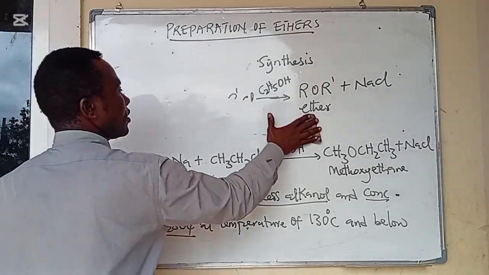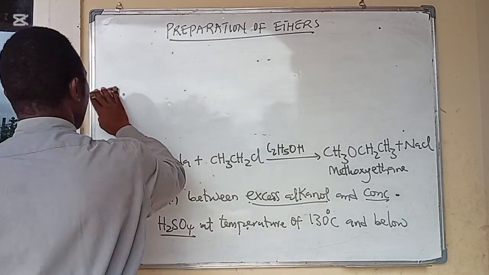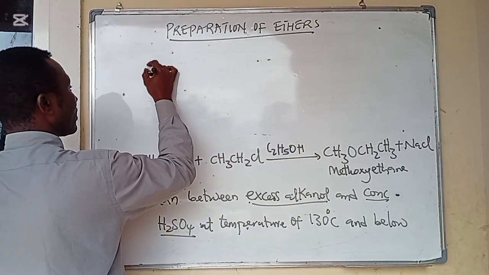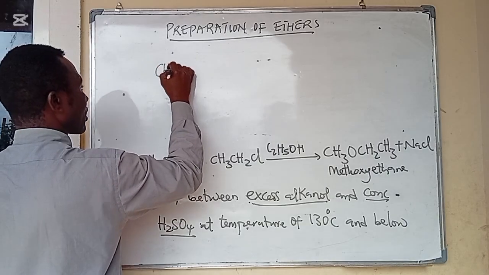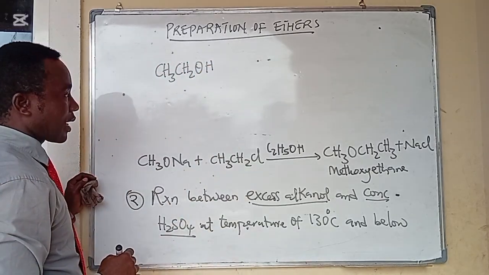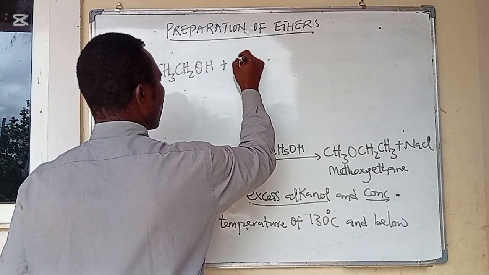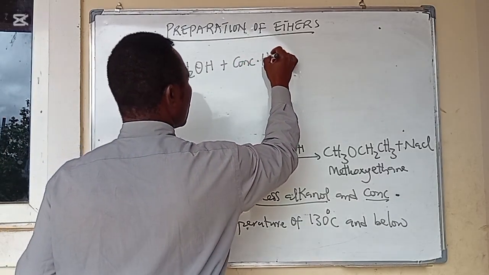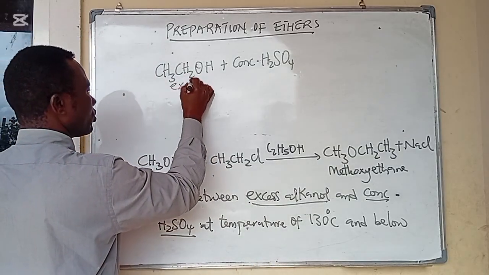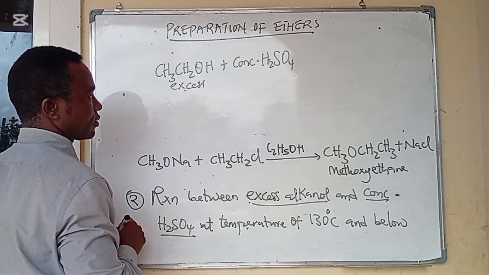Now how do we get that reaction? Now we have alkanol, like CH3CH2OH. This is alkanol reacting with conc H2SO4. Remember, the alkanol should be in excess of the acid.